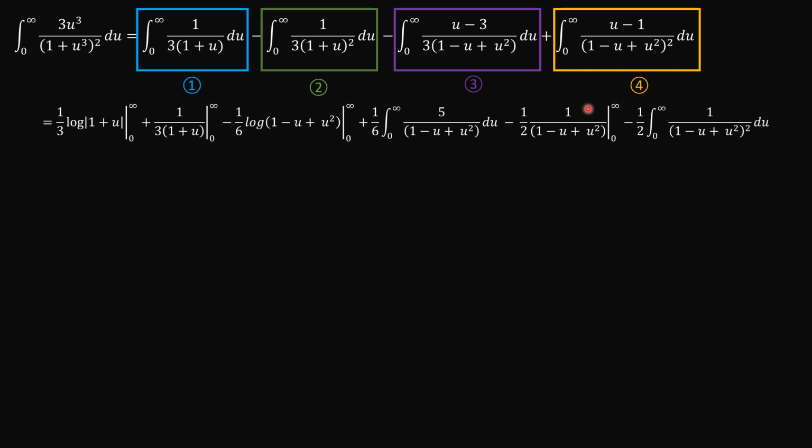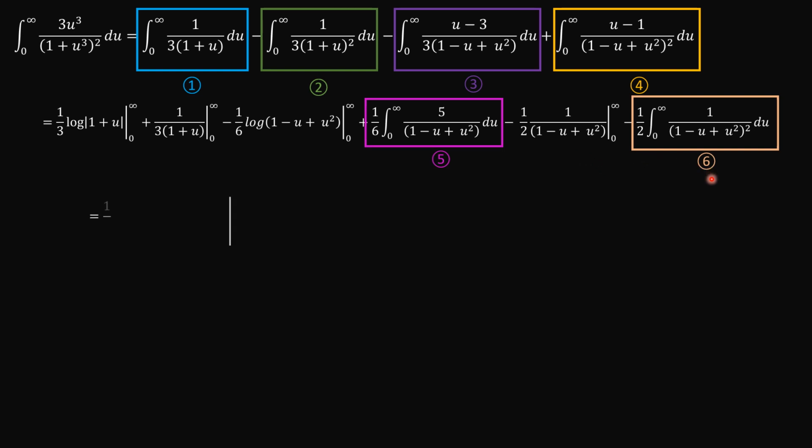The fourth integral there also got split into a half, negative a half, times 1 over 1 minus u plus u squared from 0 to infinity, minus the integral of a half of 1 over 1 minus u plus u squared, squared. So the integral here was dubbed number 5, and the last one was termed as the sixth integral.